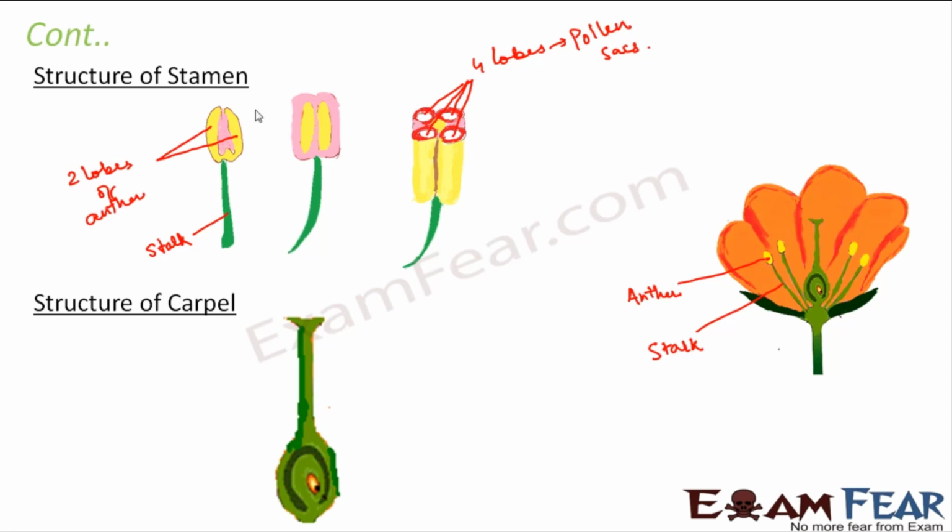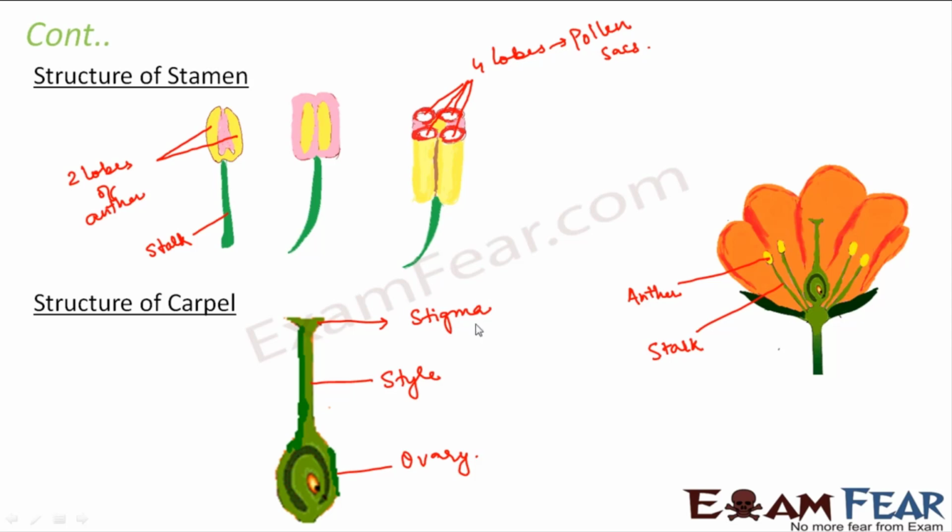The upper portion is the stigma. This tube-like structure is the style. Style connects the stigma with the ovary, and this round structure is the ovary. The ovary is the basal swollen part of the carpel. Stigma is the topmost part.